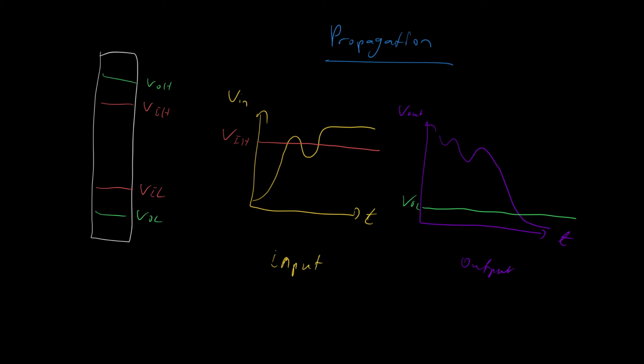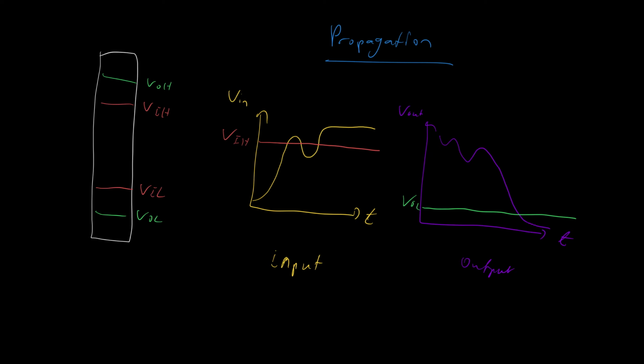To understand propagation delay, let's consider another logic gate, possibly the same inverter. Here's its input signal, here's its output signal. We have time along the horizontal axis. The propagation delay is the time from when the input is valid and remains valid until the output is valid and remains valid.